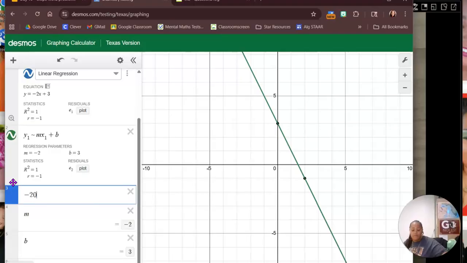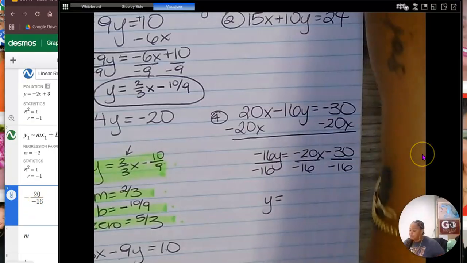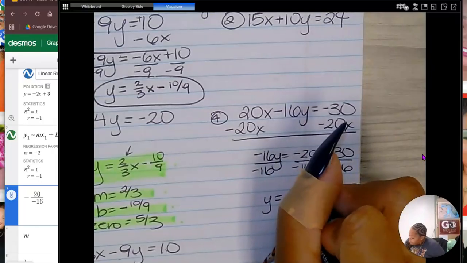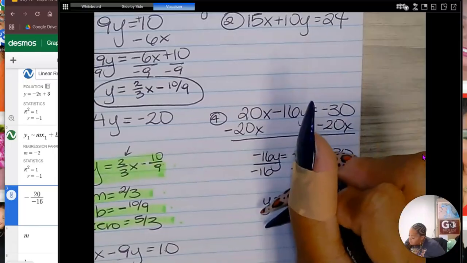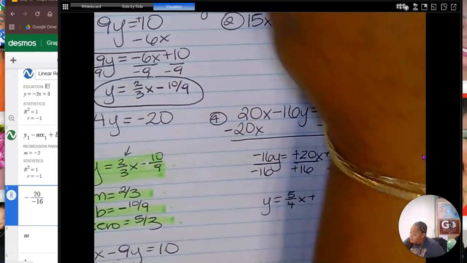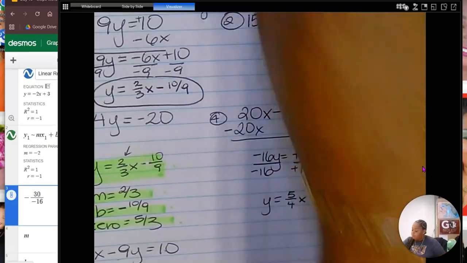Negative 20 divided by negative 16 gives me 5/4. 5/4 x, this is going to be positive because these negatives cancel each other out, and 30/16. 30/16 is 15/8.